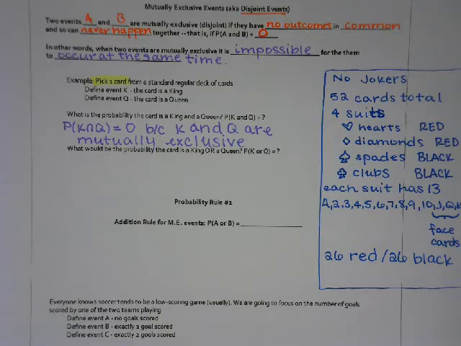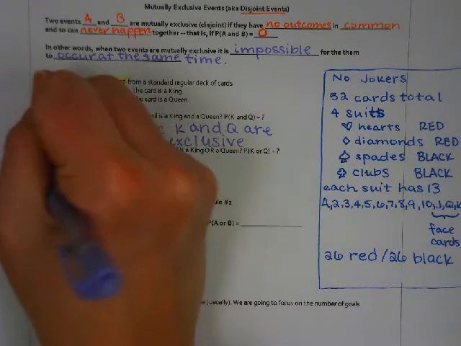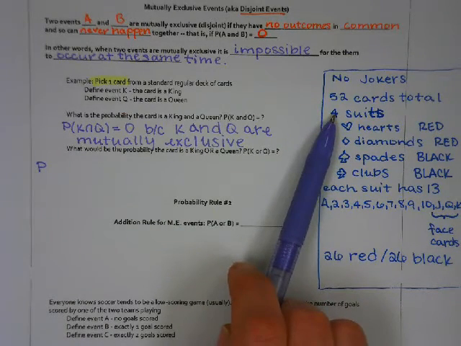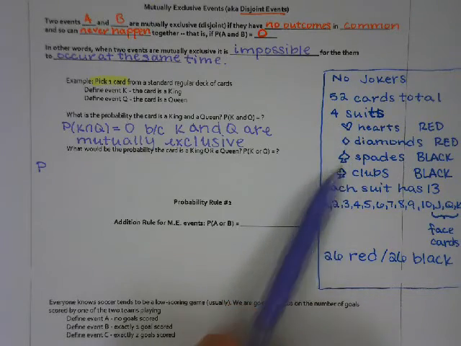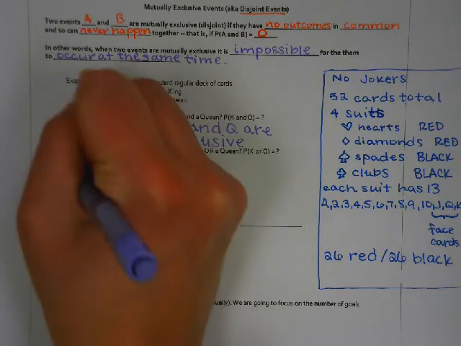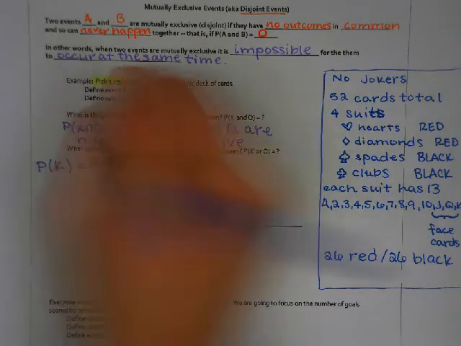Thanks, Chloe. The probability that I pick a king is 4 out of 52. There are 4 suits. Each suit has a king. So there's the king of hearts, king of diamonds, king of spades, king of clubs.